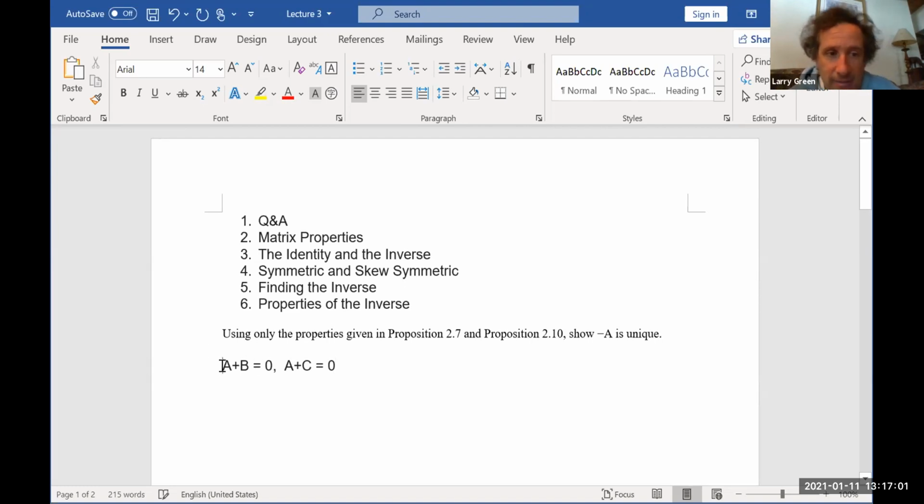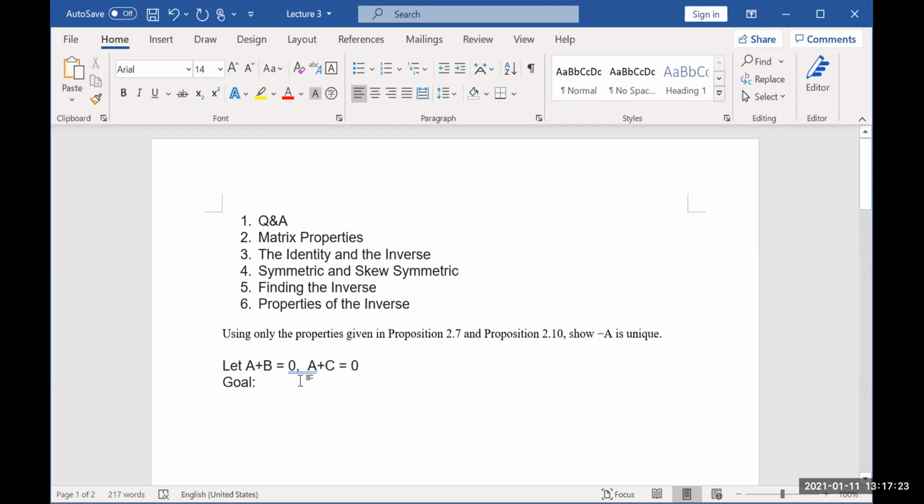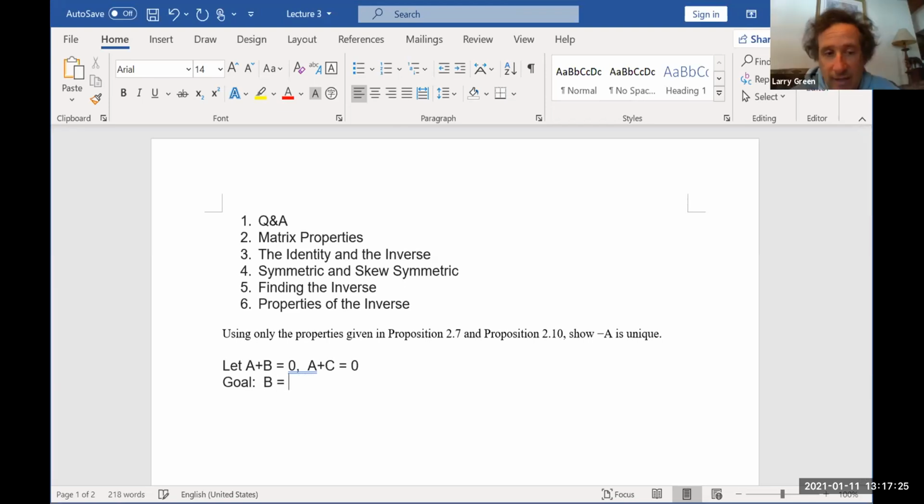Let's make it look like a proof. Our goal is to show that negative A is unique. Negative A is B, and negative A is also C, so we want to show that B equals C. You following that?